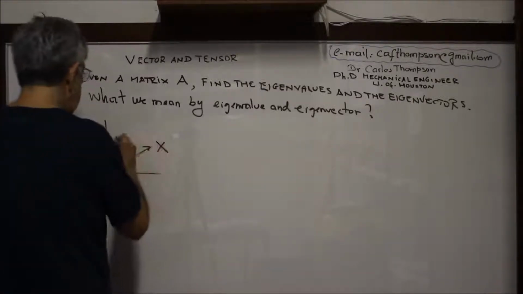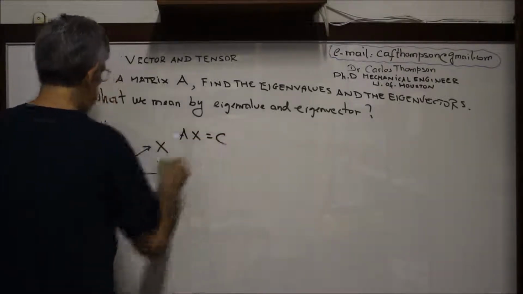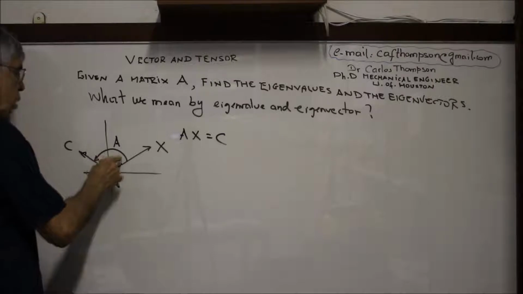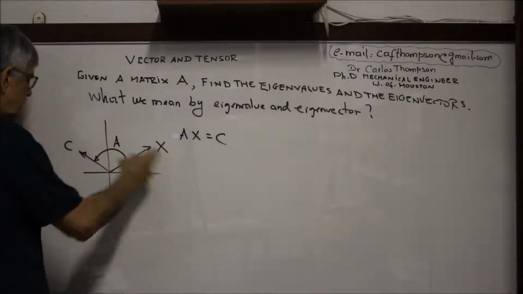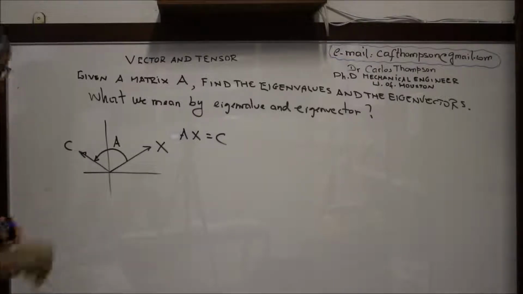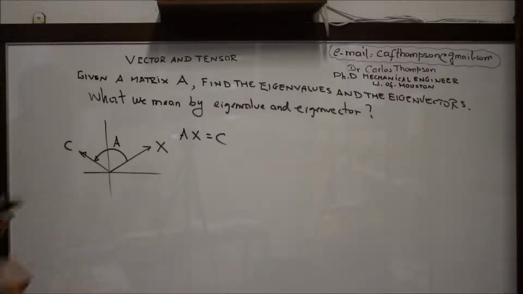So Ax, the operator on x, is equal to c. So the operator A acts on vector x and yields the vector c. That's what a matrix does.